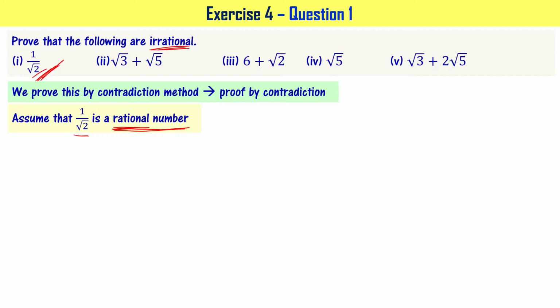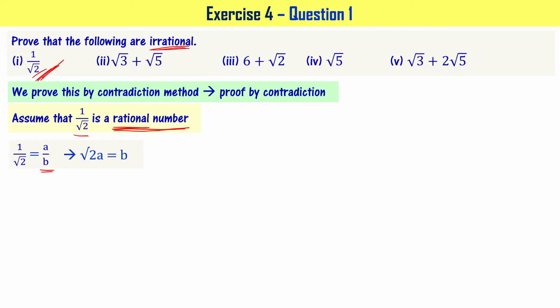You know what it means by rational number, right? Rational number is expressed as a ratio of two integers. Let me write that. 1 by root 2. Since we are saying that it is a rational number, I can express it as a by b, where a and b are two integers.